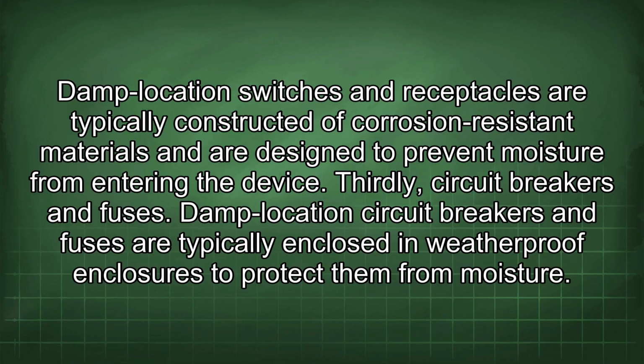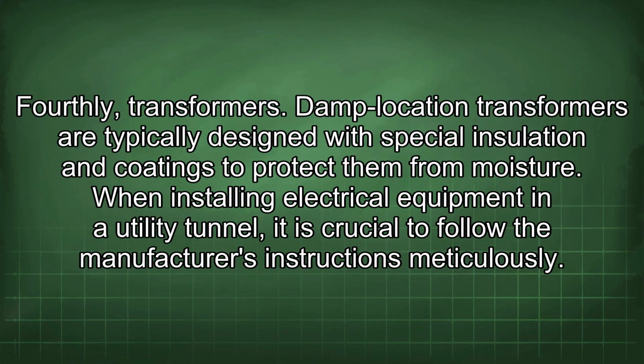Thirdly, circuit breakers and fuses. Damp location circuit breakers and fuses are typically enclosed in weatherproof enclosures to protect them from moisture. Fourthly, transformers. Damp location transformers are typically designed with special insulation and coatings to protect them from moisture.